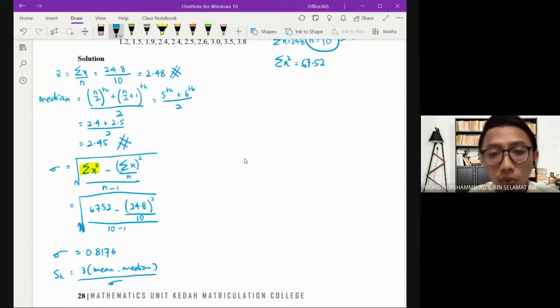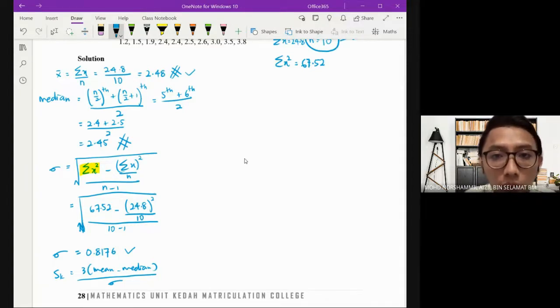So if you use fewer decimal places, like 2 decimal places, your final Pearson's coefficient of skewness will be less accurate. If here we use 4 decimal places, so 2.4800, the last value can be made 3 decimal places.